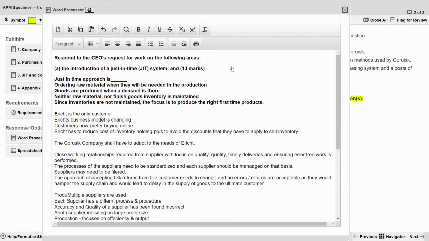Production quantities need to reduce. The production process to be made efficient.